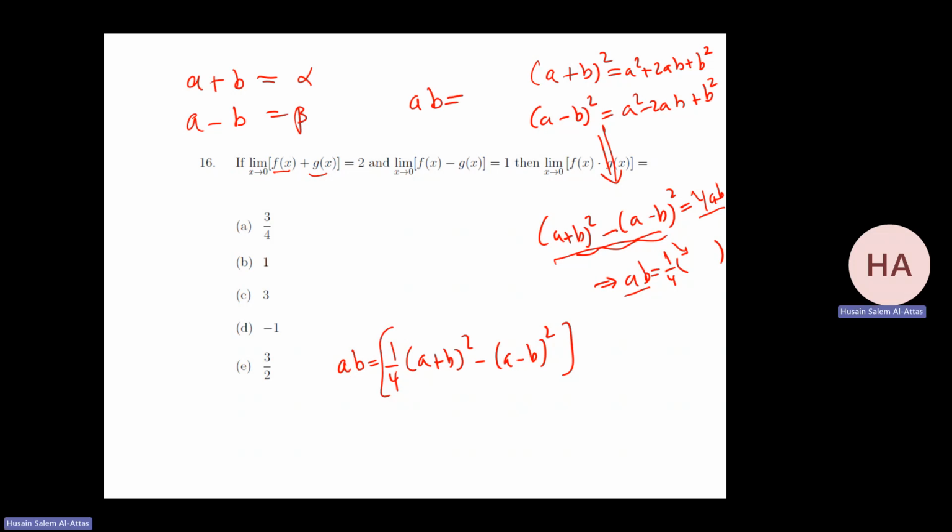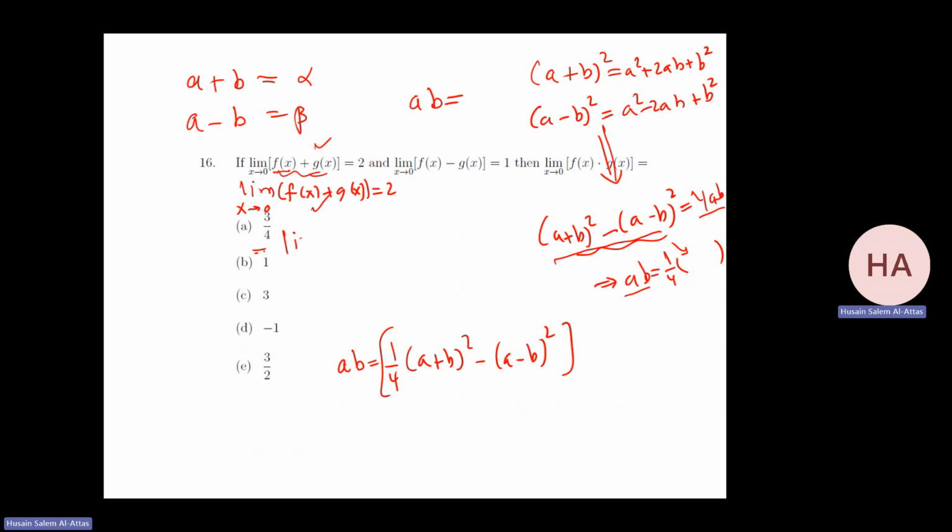Okay. Now, the limit of f plus g exists, and the limit of f minus g exists also. So I can do the product of these two.